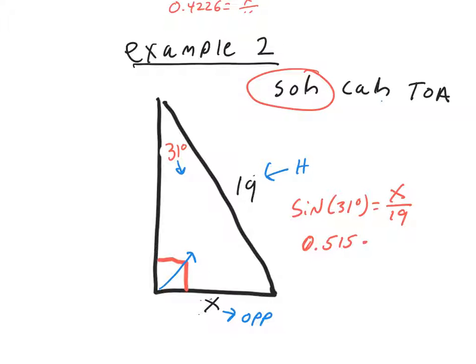So times 19, and that's going to equal x. If you're using Desmos, click out of the parentheses. If you're using a regular handheld calculator, you can just press times. Then I'm going to do times 19, and I will get 9.785, and I'm just going to round that to 9.79.